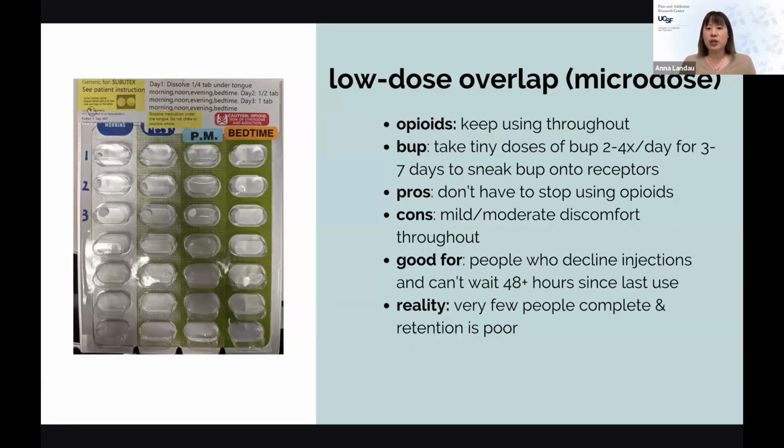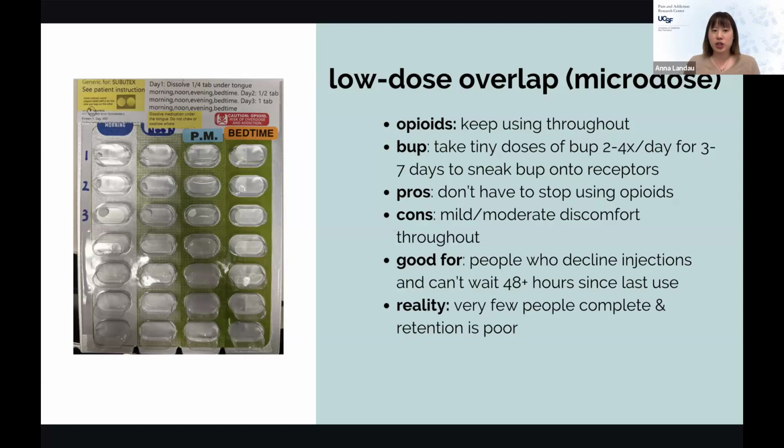And so it allows some sort of gradual transition into recovery without that hard stop of you are going to quit fentanyl right now, which people may find a little bit more appealing. The other benefit is that it does have a lower risk of precipitated withdrawal than traditional induction methods that we talked about. The major con is that people will still feel mild discomfort throughout the process.